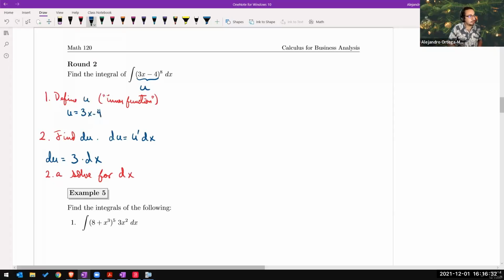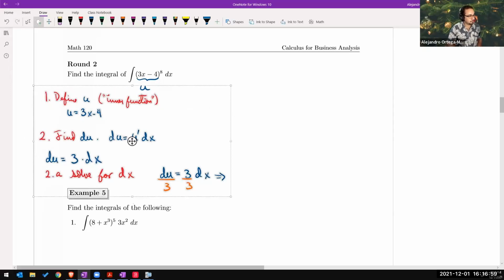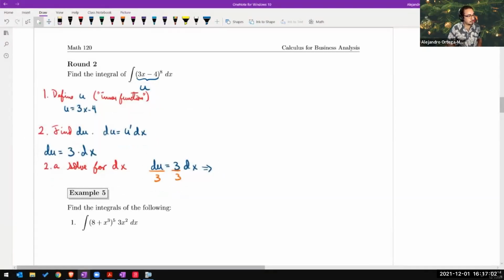So for this one, if we had du equals 3dx, I'm going to divide by 3 to get the dx by itself. So we get here dx is equal to du over 3.